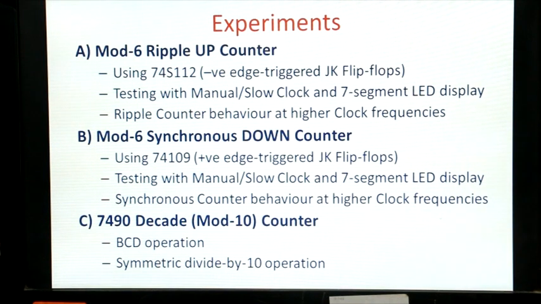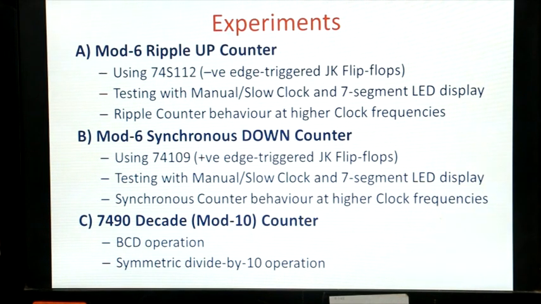Finally, we will use a very popular decade counter, which is 7490, very commonly used. We would see two operations of this. The most common operation is the BCD operation, or binary coded decimal operation, where the outputs, these DCBA or the QD, QC, QB, QA outputs would correspond to 0, 0, 0, 0 all the way to 9.